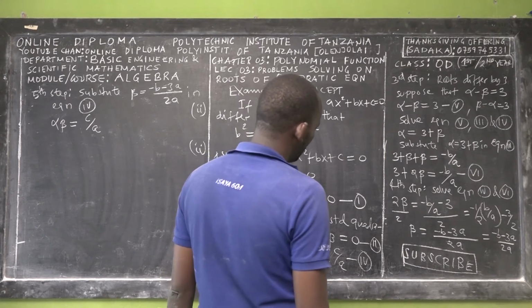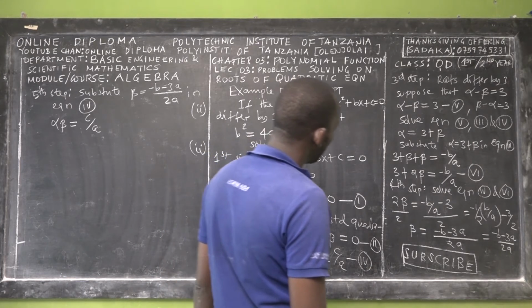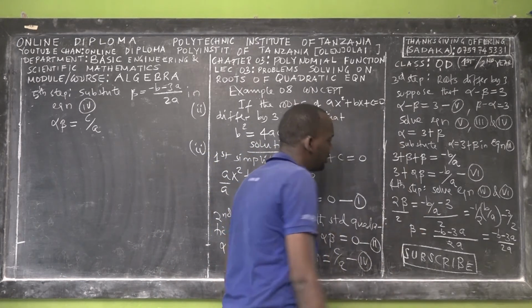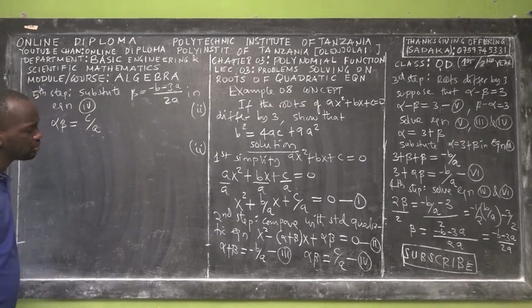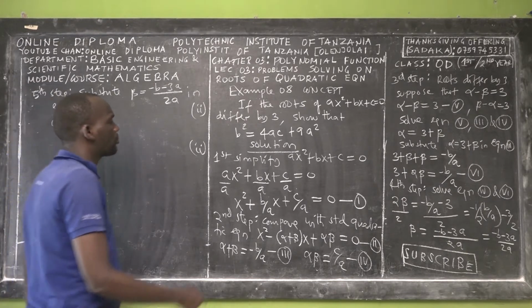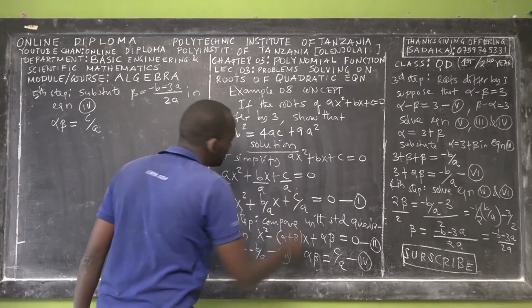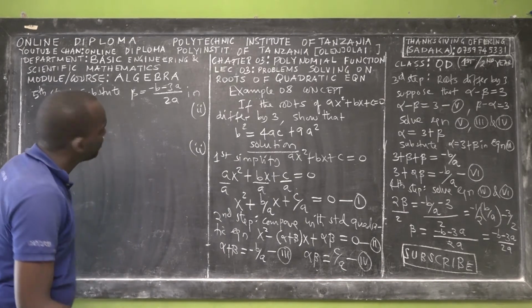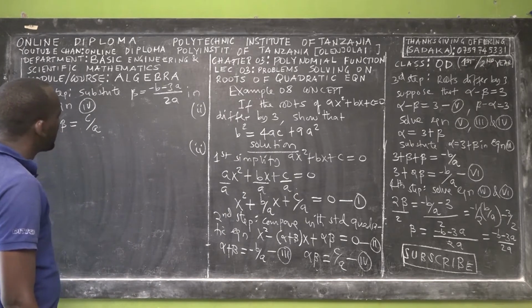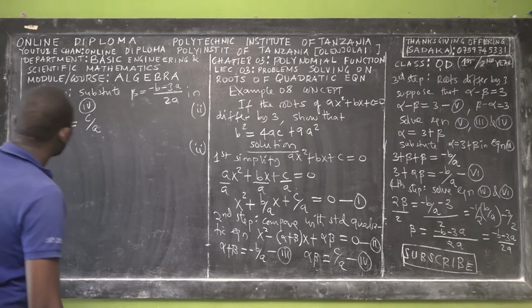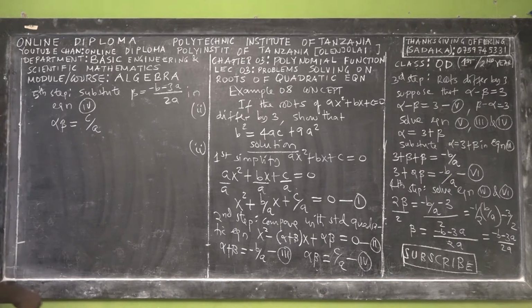So before we substitute, we have to find also the value of alpha in terms of what? In terms of a and b. Because remember the final equation comprises b, a, c. So it does not comprise any other. So before we do this substitution, you have alpha times beta.